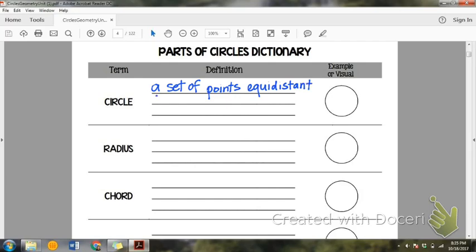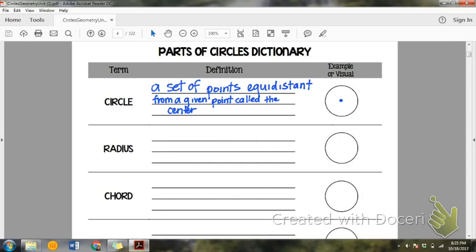Equidistant from a given point called the center. And really, there's an infinite number of points around the center of the circle. So the circle is a set of points that are all equidistant from the center.